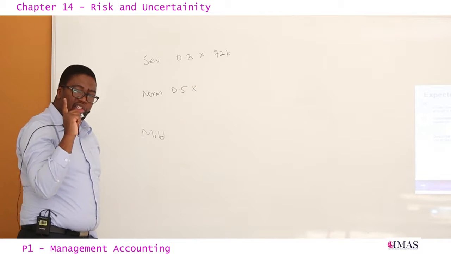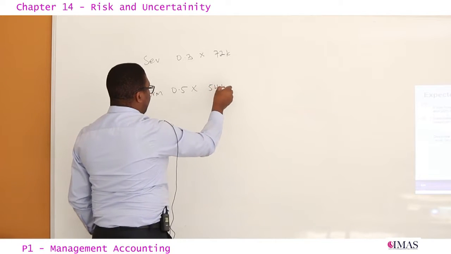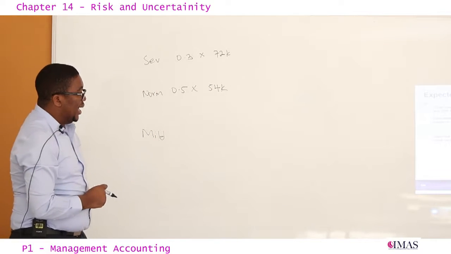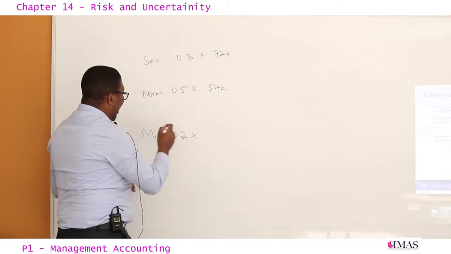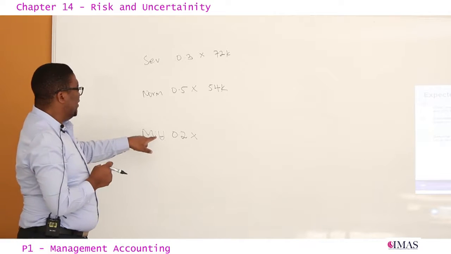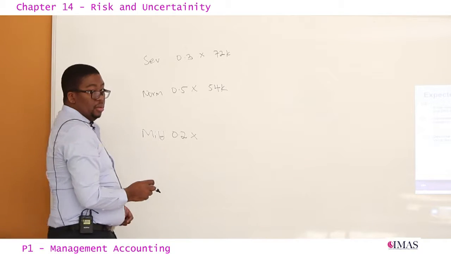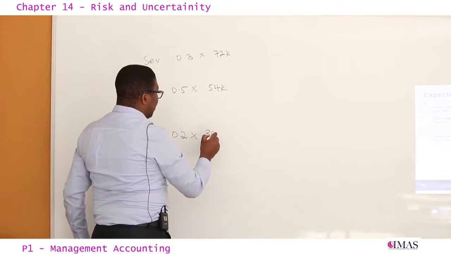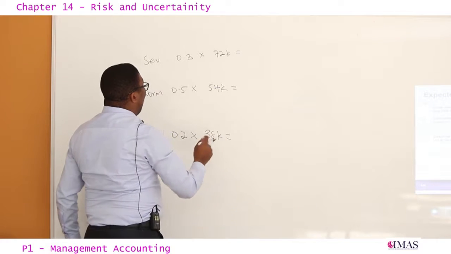If the weather is normal, the demand will be 54,000. Lastly, there is a 20% probability that the weather will be mild, and if the weather is mild, the expected demand is 38,000.